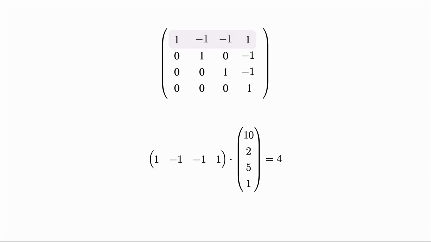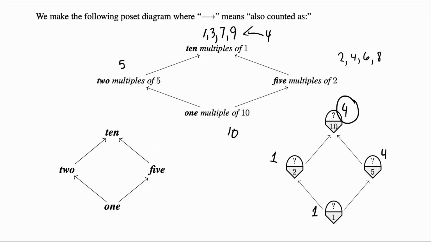If you're thinking of a row interpretation of matrix multiplication, and you run through the particular sums that we have, namely 10, 2, 5, 1, we'll end up getting exactly what we computed here. So 4 for the 10, 4 for the 5, 1 for the 2, and 1.